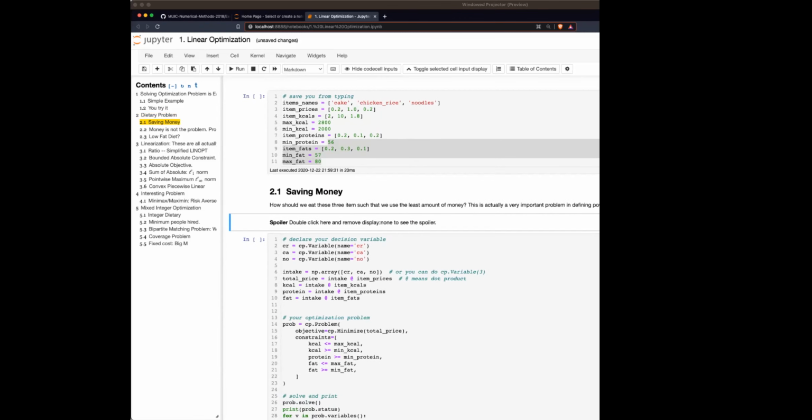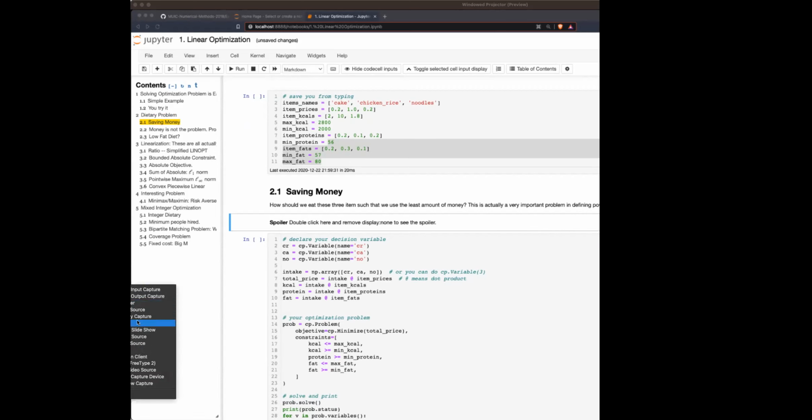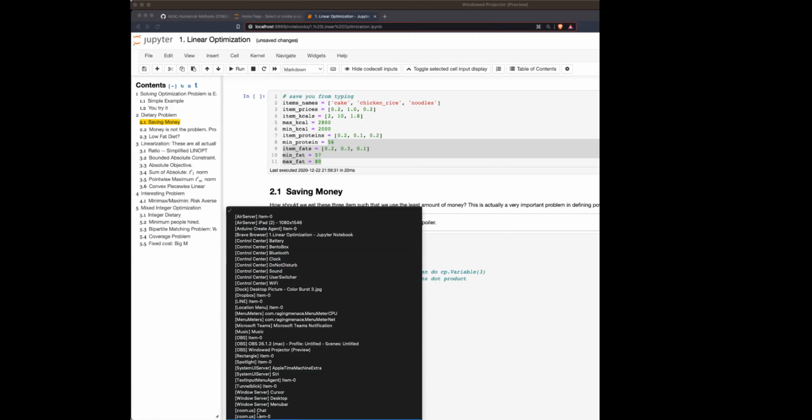So actually, I need my iPad. Oh, I can actually do this. I can put it on the side. Window capture, where's the window capture? Let me just make a new one. What's it called?